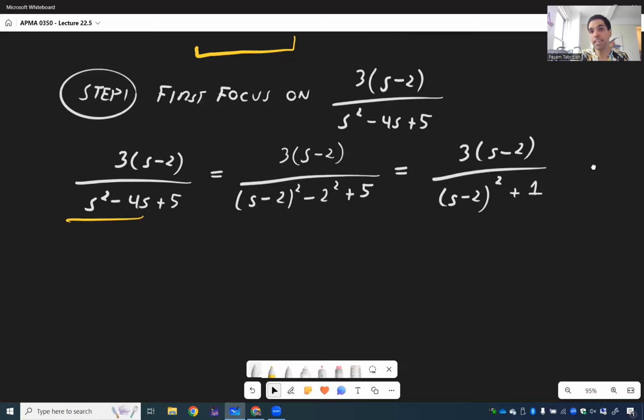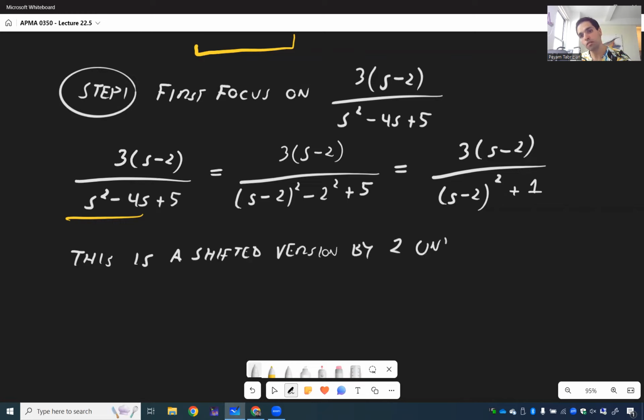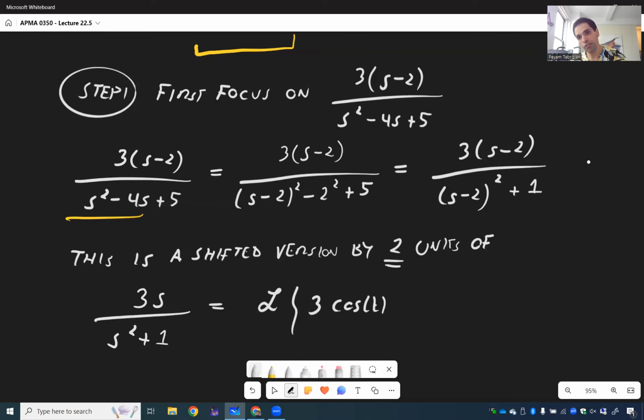But here, we have the same thing, and now this thing is a shifted version by 2 units of 3s over s squared plus 1, which I believe is a Laplace transform. Again, 3 times s of this, so 3 cosine of t.